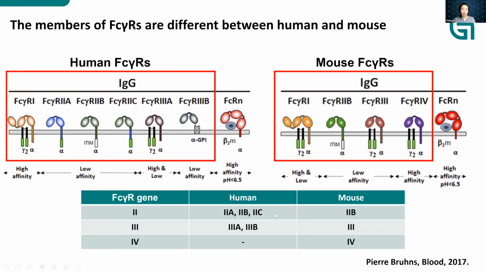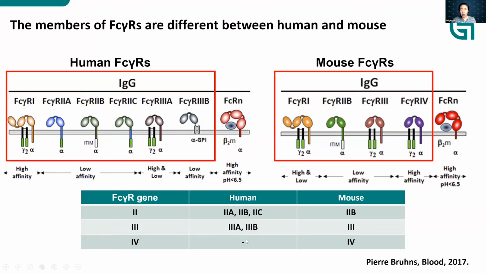In the table, though, it is showing the mouse is relatively simple. There's 2B, which corresponds to the human 2B. However, the human 2A and 2C are absent from the mouse genome. Similarly, for the subclass 3, mouse has only 1, human has 2. And for the mouse group 4, there's no human counterpart.